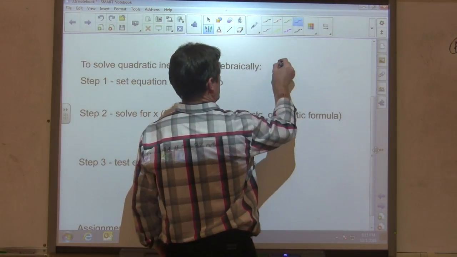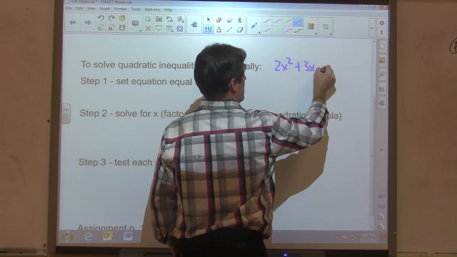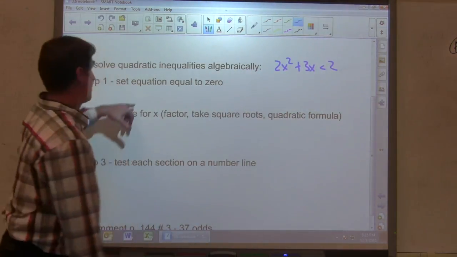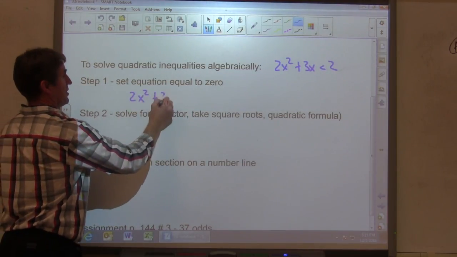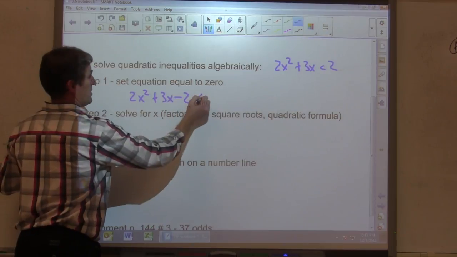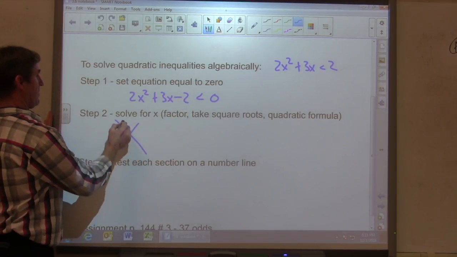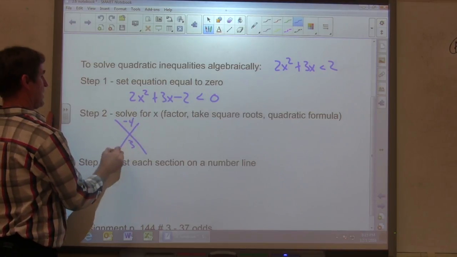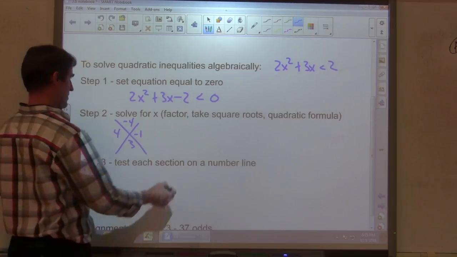Let's take 2x squared plus 3x is less than 2. So the first thing is we set it equal to 0. 2x squared plus 3x minus 2 is less than 0. Try and factor that. We get negative 4 and 3. So that would be 4 and negative 1.